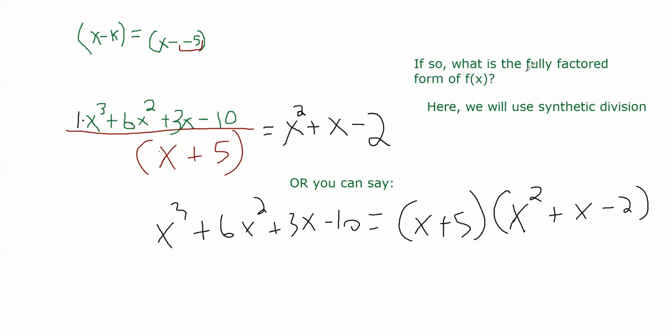Now, it's not fully factored because we still have a quadratic here, a 2nd degree polynomial, and maybe we could factor this one more time. The nice thing is this is going to go a lot easier. Once you have a quadratic left to factor, you already have a couple of different factoring tools. You can try just straight up factoring. We want two numbers that multiply to -2, but when I add those numbers, I get +1.